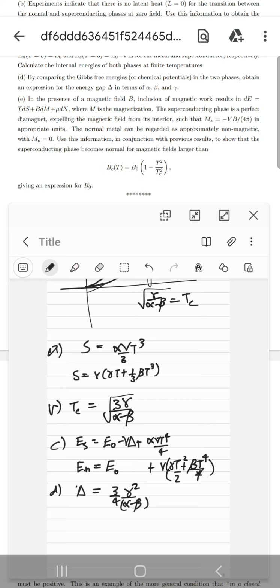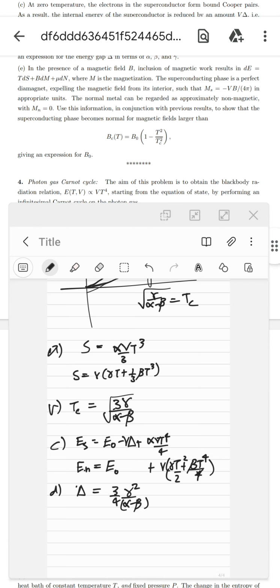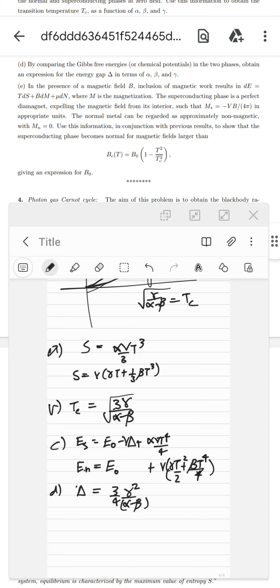The normal metal can be regarded as approximately non-magnetic with M equal to zero. Use the previous result to show that the superconducting phase becomes normal for magnetic fields greater than this, given expression for B naught. So they have given us dE as a function of, so I don't think we are going to change n really.